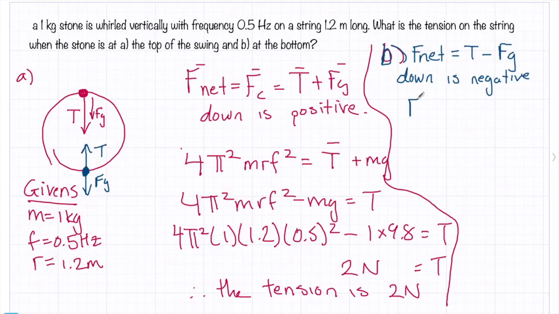So we're going to solve for T again. And this, we're going to use the same formula as before. Notice that instead of subtracting the 2, we're adding the 2. So we'll get 4 pi squared times 1.2 times 0.5 squared plus mg, so 9.8.